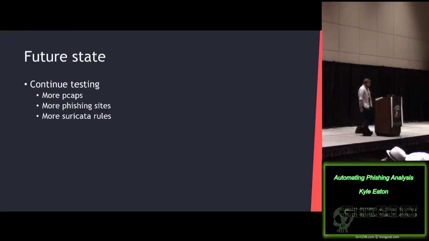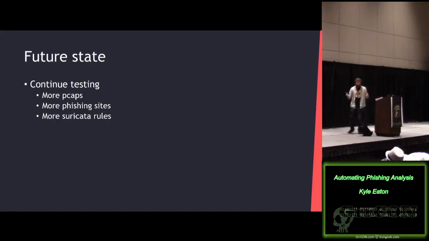There are still some things that I want to work on with this, mainly more testing. Right now it's sitting in a VPS that I run, just periodically running and creating new rules. But the thing I'm trying to really get is more phishing pages from a larger source.